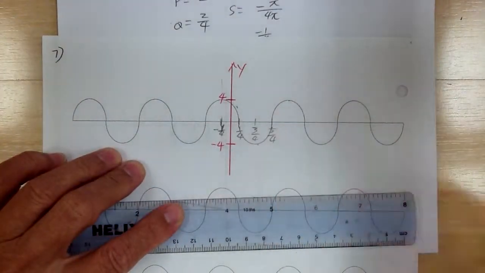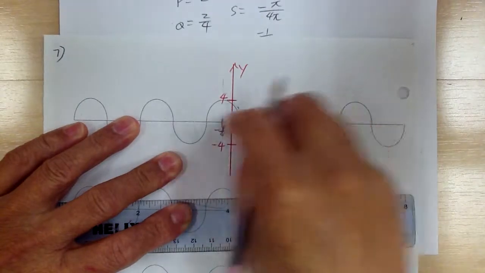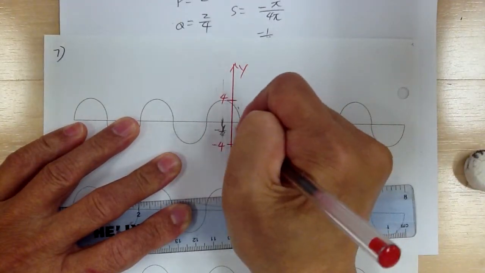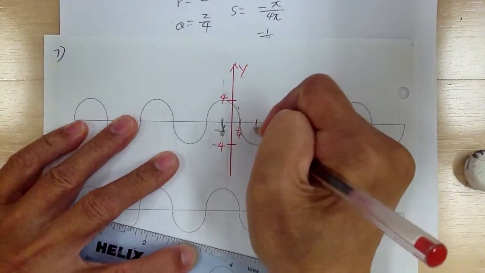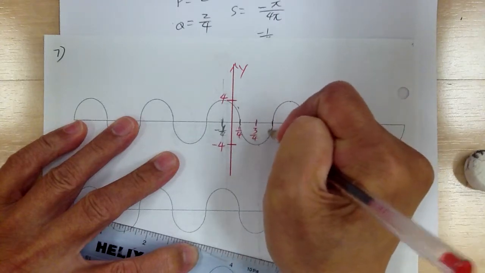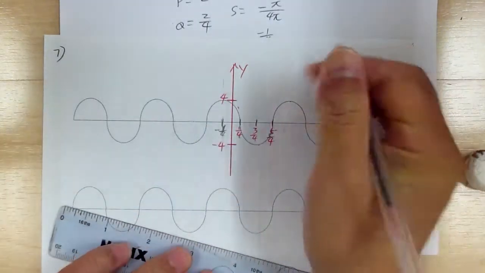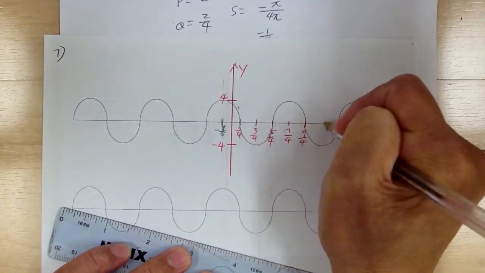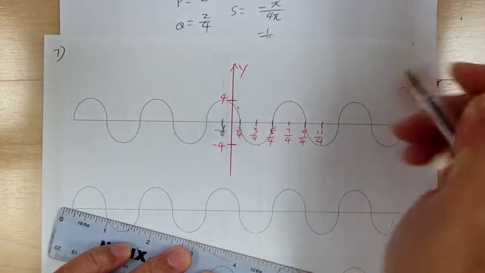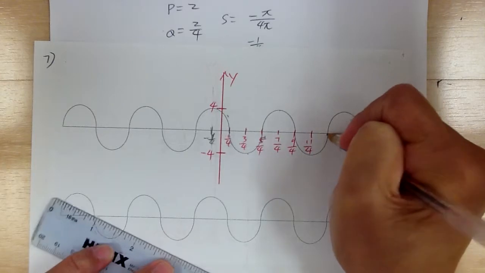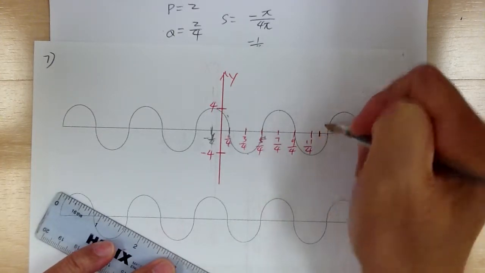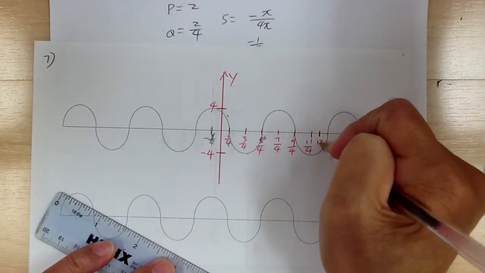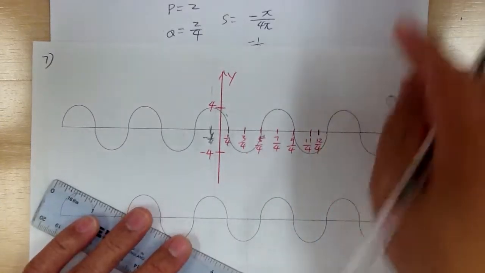Okay, so let's go ahead and label this. So this is 1 over 4, 3 over 4, 5 over 4, 7 over 4, 9 over 4, 11 over 4. Now, when you get over here, it's 13, that's too much already. So you want to stop right over here, and that would be your 12 over 4, which is the 3.